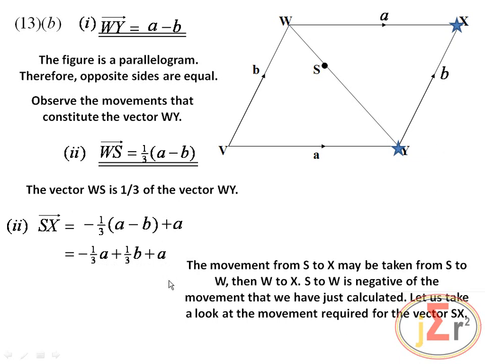So we have 2/3 of A plus 1/3 of B. Do not forget that the whole cake is 3/3, and if we take away 1/3 of the cake, we will have 2/3 left. And SX is equal to 2/3 A plus 1/3 B.